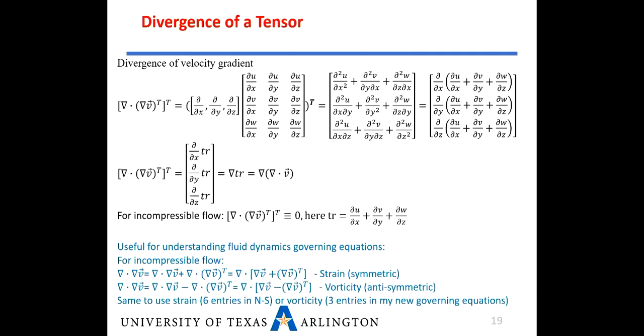Now, I talk about divergence of a tensor. That's what we talk after lunch. I just say, well, here, because the Stokes, they assume the strain and the stress is symmetric. Nonsense about an anti-symmetric strain and stress.